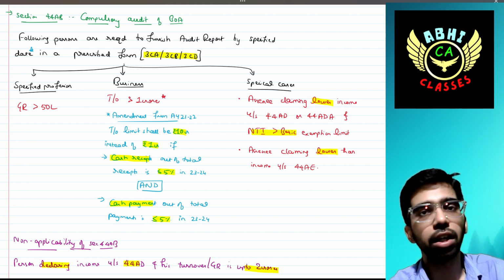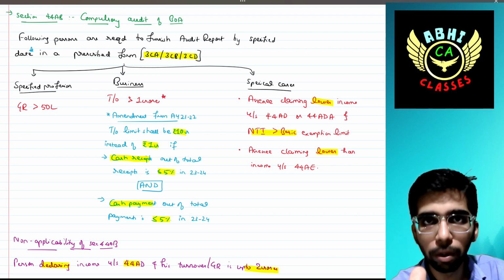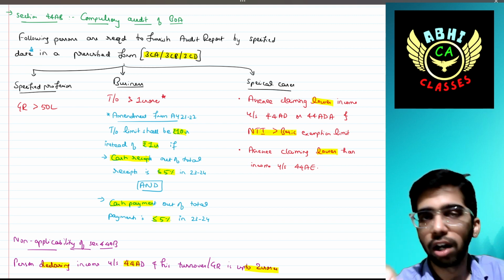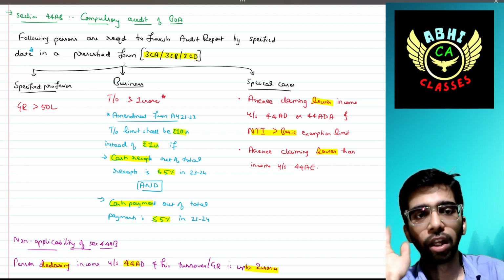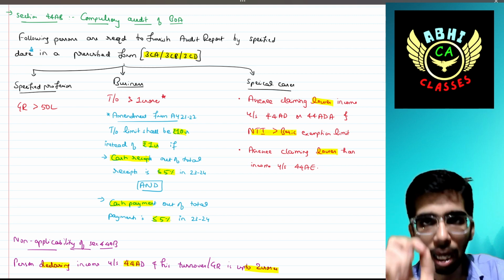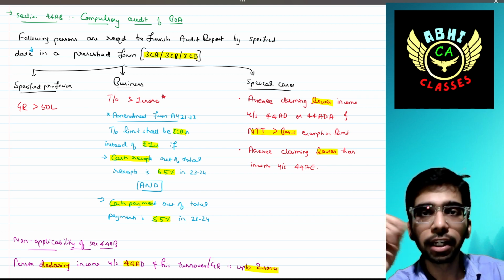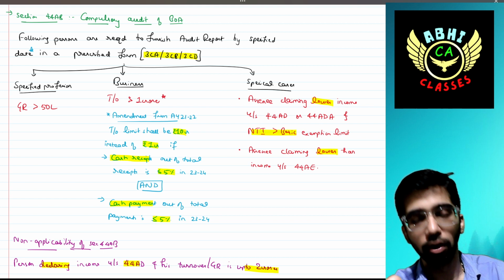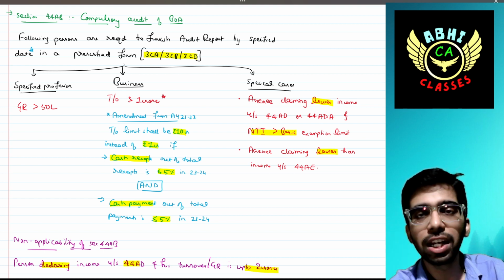What are the conditions? The first one, the cash receipt should be less than or equal to 5% of the total receipts. And the cash payment is up to 5% of the total payments in 23-24. I am highlighting the word 'and'. Why is it important?